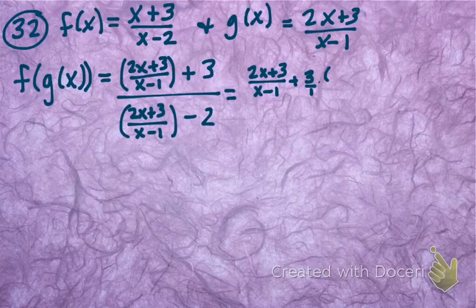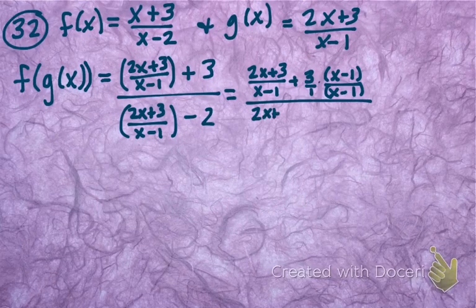So I multiply it top and bottom by x minus 1, which is always legal because I'm multiplying by a big ugly name for 1. Then on the bottom, I have that same fraction as the first piece of the bottom, which is (2x plus 3) over (x minus 1). Now I have minus 2, so that's going to be (x minus 1) over (x minus 1).